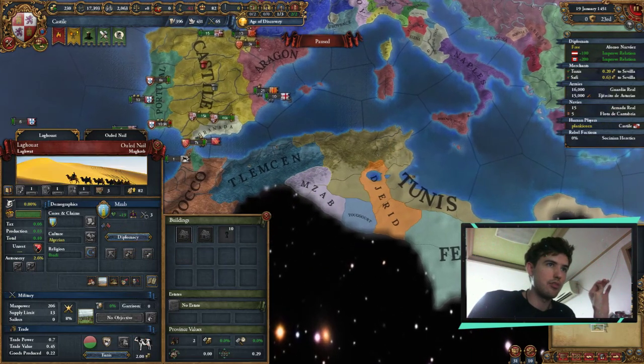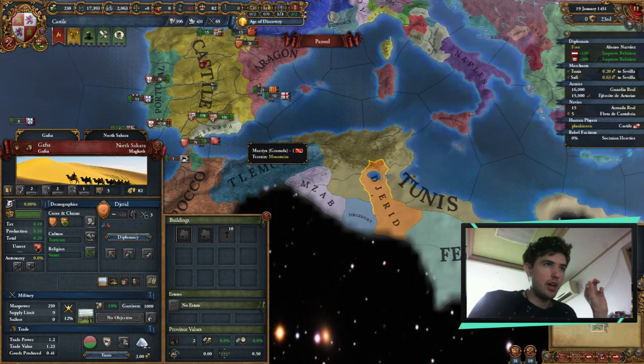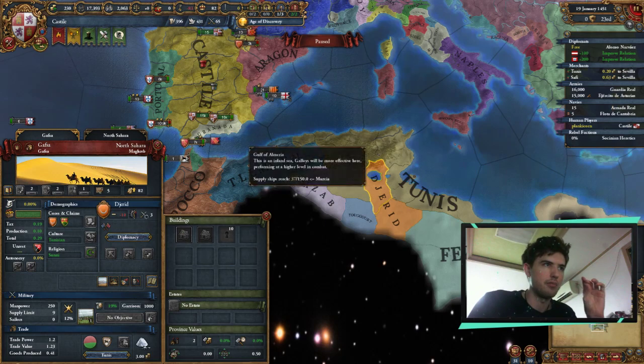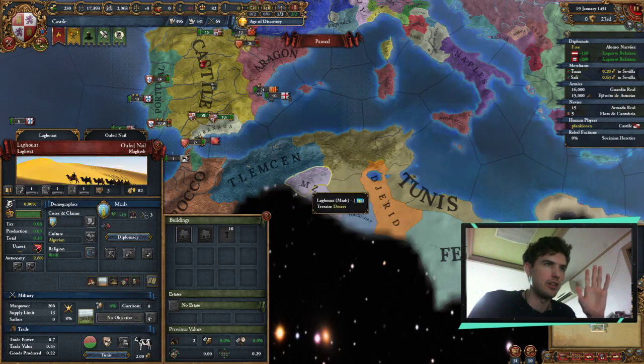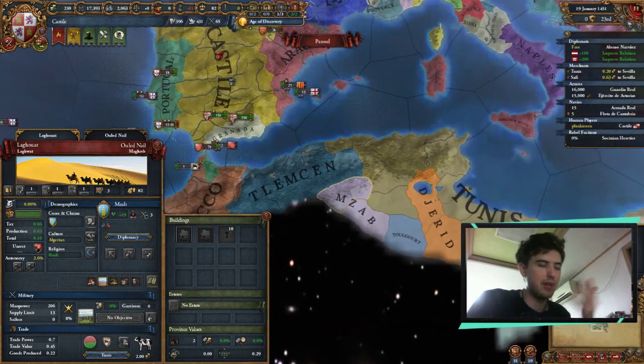So Mazab is in common, but Jared is not. If I declare war on Granada and declare that Tunis is a co-belligerent, then Tunis can also call in Jared, even though Jared is not an ally of Granada. Okay? So I hope that makes sense. Mazab is allied with Granada and Tunis, so that would not have any benefit.